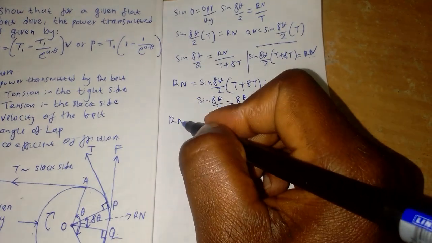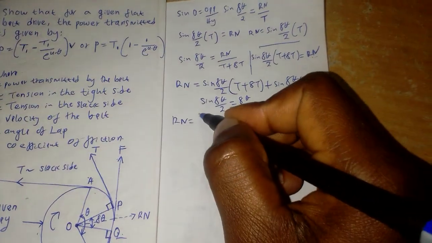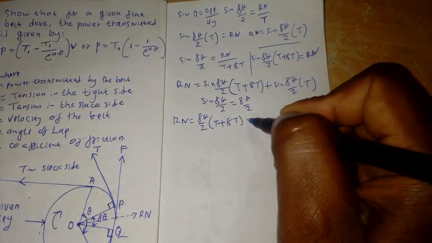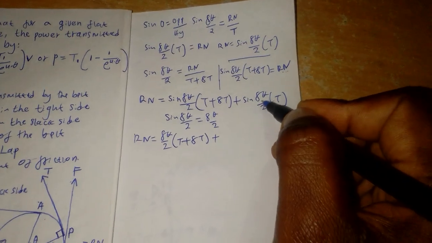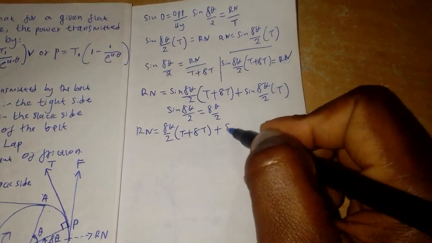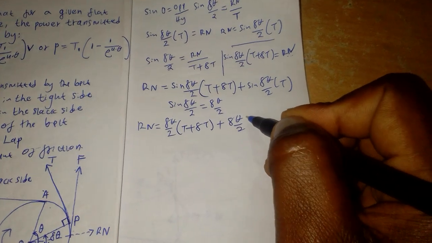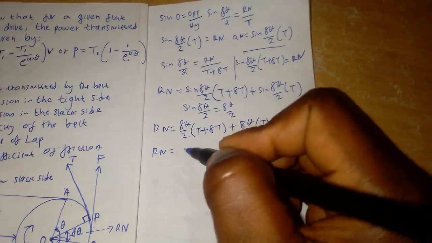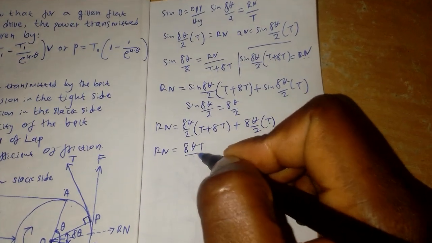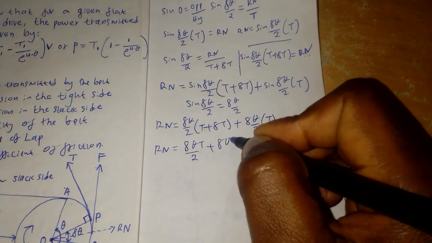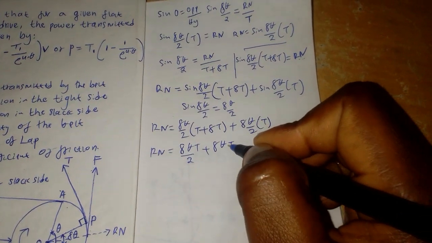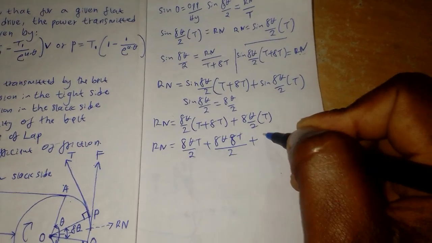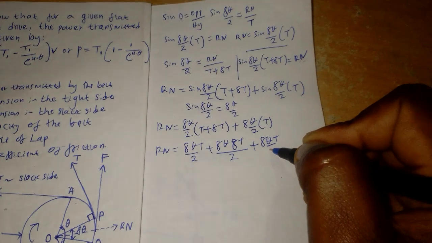Now Rn is equal to, replacing this one, (T plus alpha T) and the same here with T. Now when we open the brackets, alpha theta T divided by 2 plus alpha theta alpha T divided by 2 plus alpha theta T divided by 2.